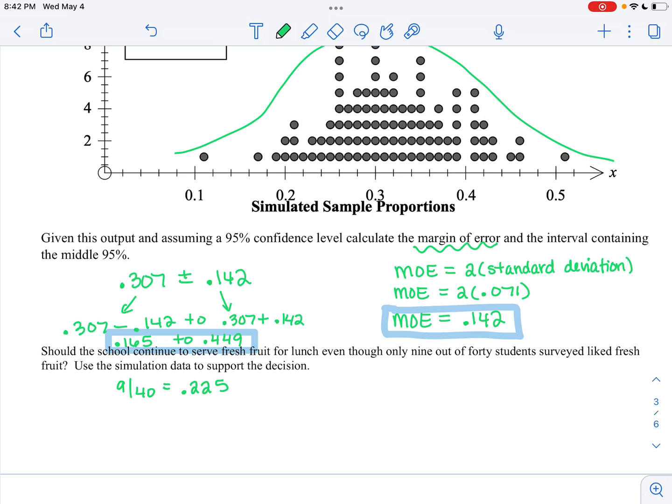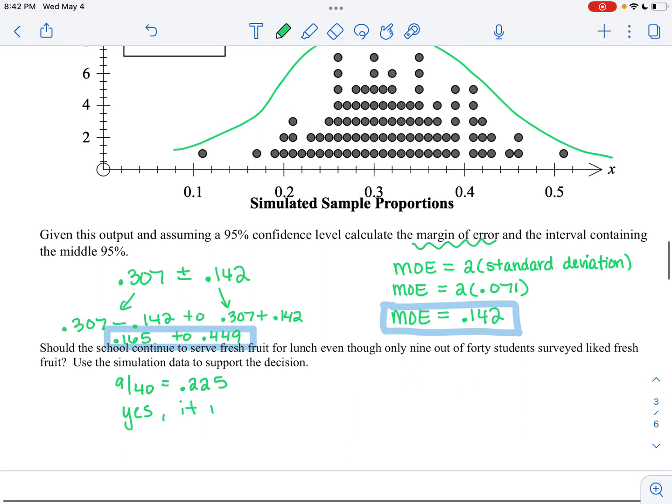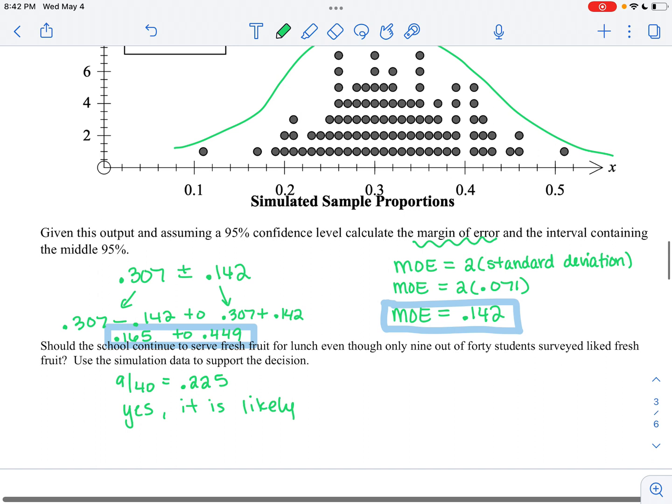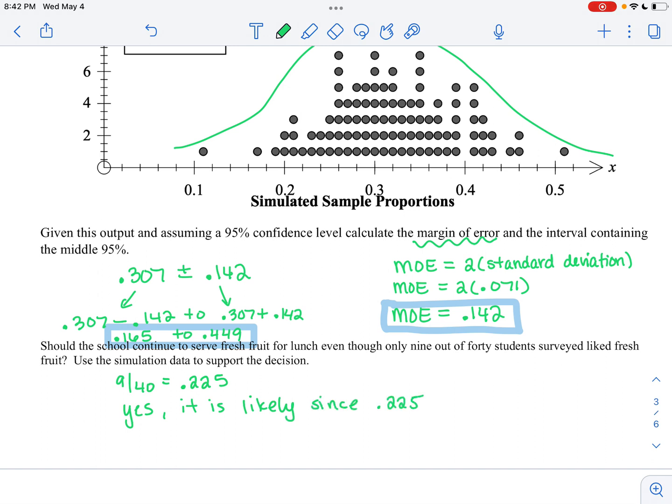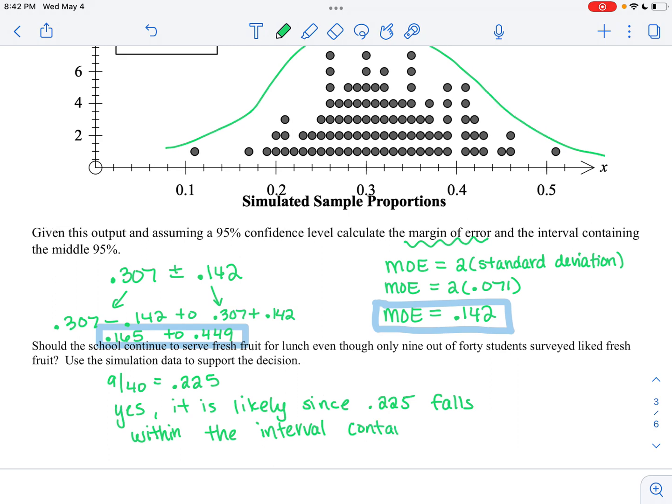Since 0.225 is a value that falls in the interval, we're going to say yes, this is likely, since 0.225 falls within the interval containing the middle 95%.